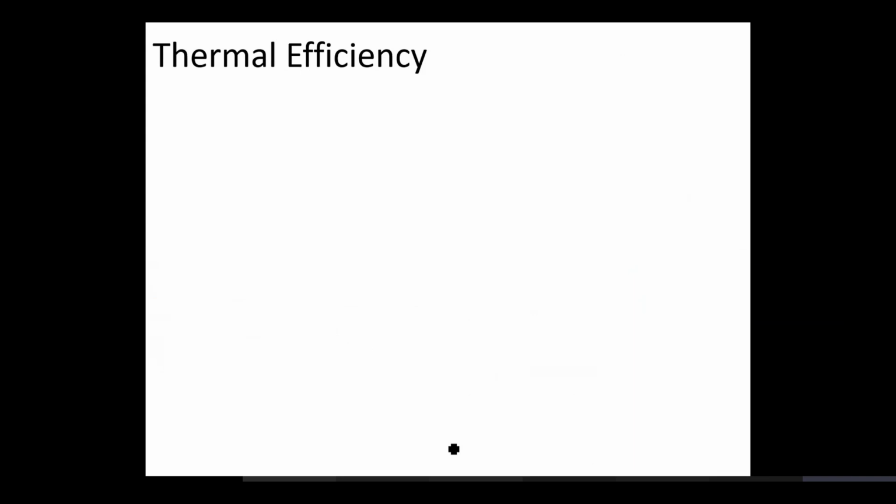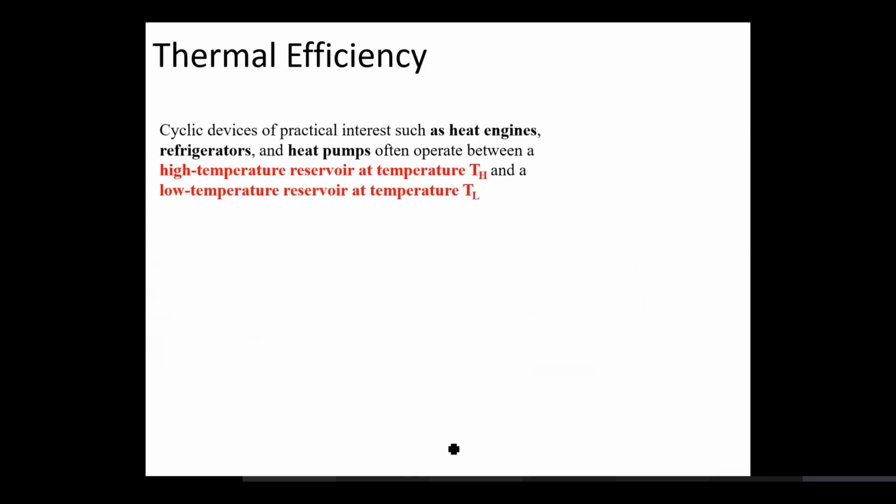Now moving on, whether you're talking about cyclic devices such as heat engines, or refrigerators and heat pumps, which we'll be looking into in a few minutes, they often operate between a high temperature reservoir, known as T_H, from which the heat input is coming, and a low temperature reservoir acting as a sink at a low temperature, represented by T_L.